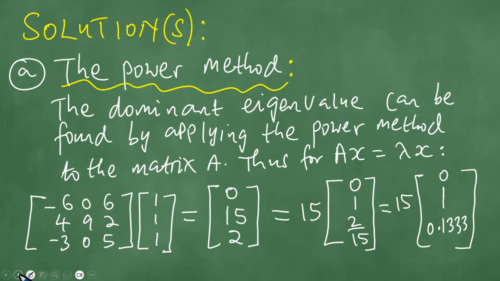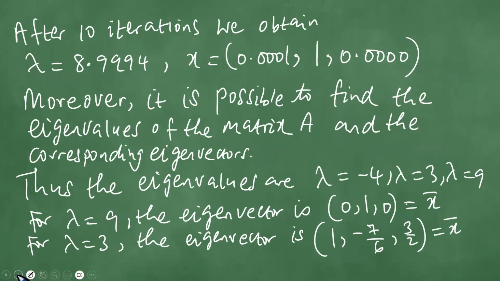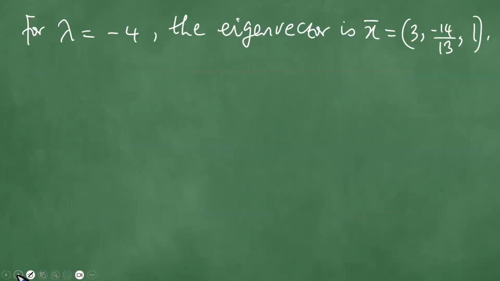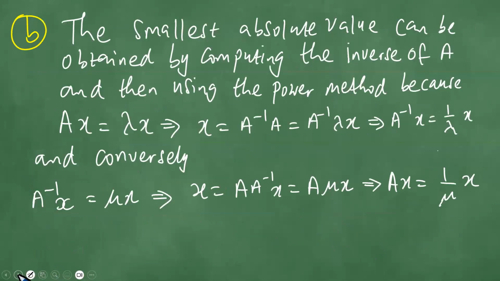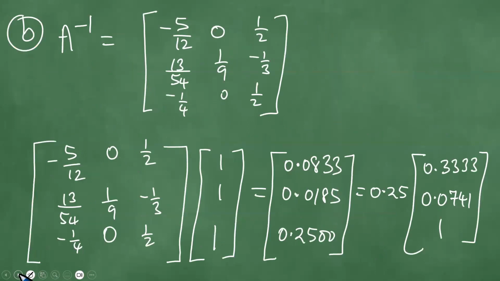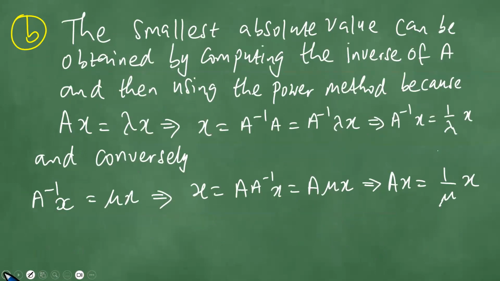But also, we took a chance to state that the eigenvalues themselves are -4, 3, and 9, so there are 3 of them. The dominant one in terms of magnitude is the 9, and through the estimation we got closer and closer to the 9.